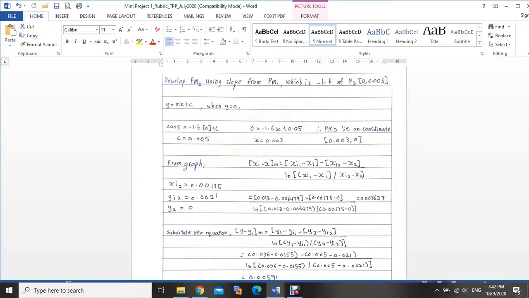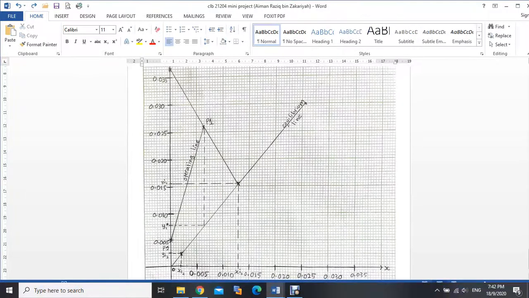Again, we can use the equation y equal to mx plus c, where y will be 0 because the coordinate of y at the x-axis is 0 and m is negative 1.6.